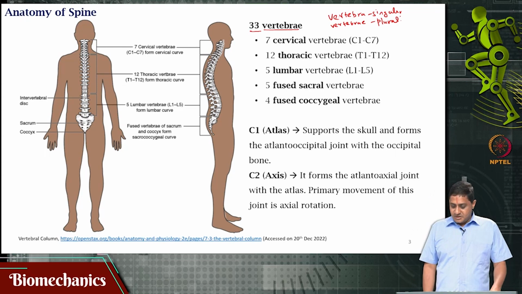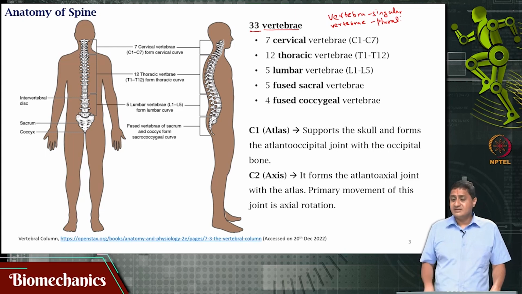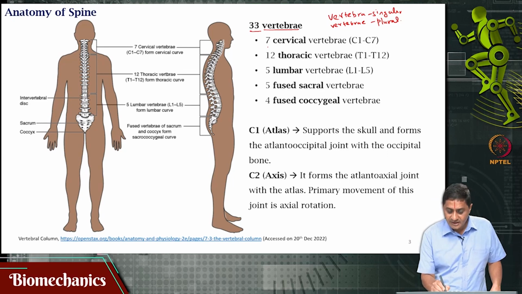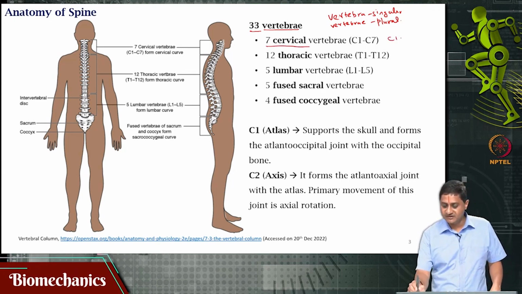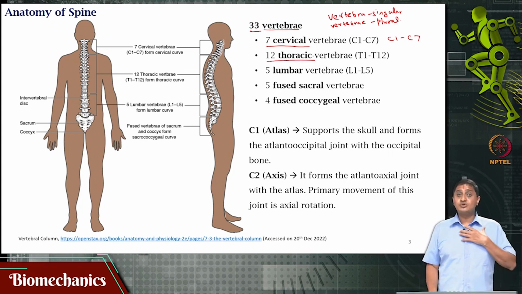Okay. So, in these vertebra, how many are there? We said there are 33 vertebra, of which 7 are located at the level of the neck. These are called C1 to C7. C refers to cervical vertebra. There are 7 cervical vertebra, and there are 12 vertebra at the level of the thorax.